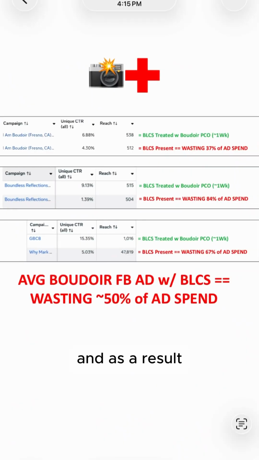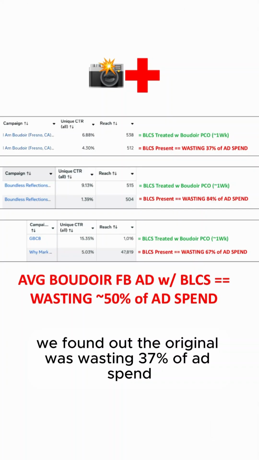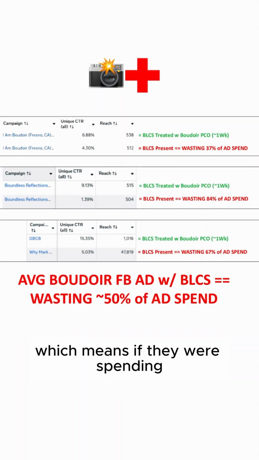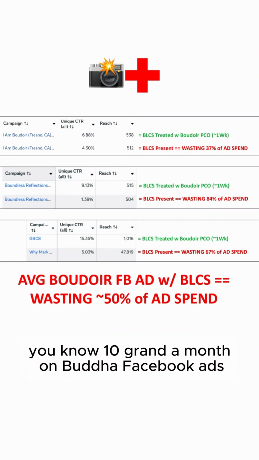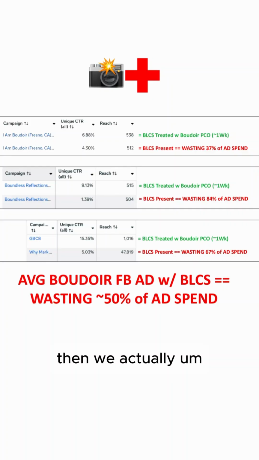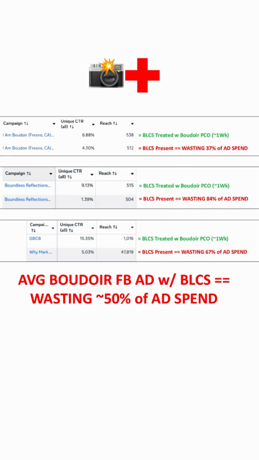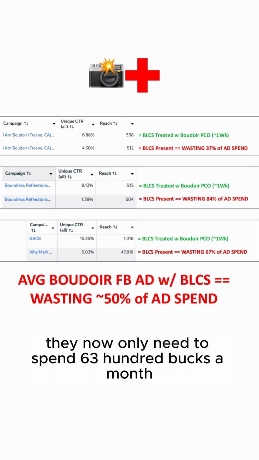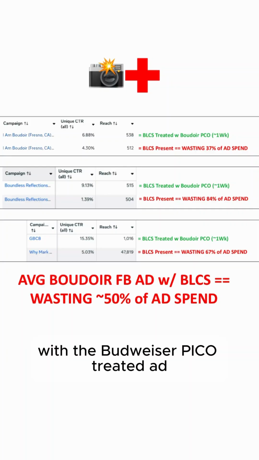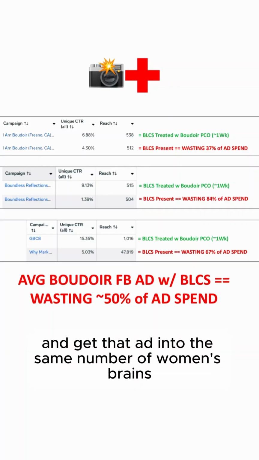As a result, we found out the original was wasting 37% of ad spend, which means if they're spending 10 grand a month on Boudoir Facebook ads, they now only need to spend $6,300 a month with the Boudoir Pico treated ad and get that ad into the same number of women's brains.